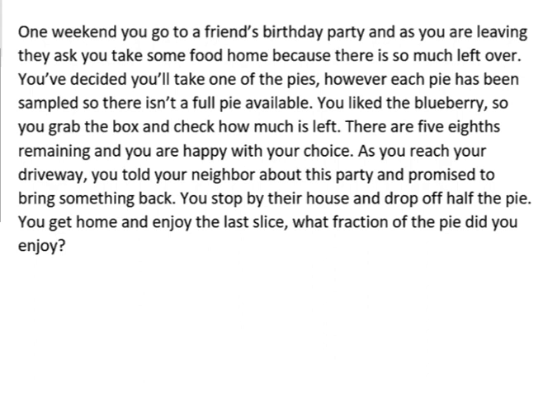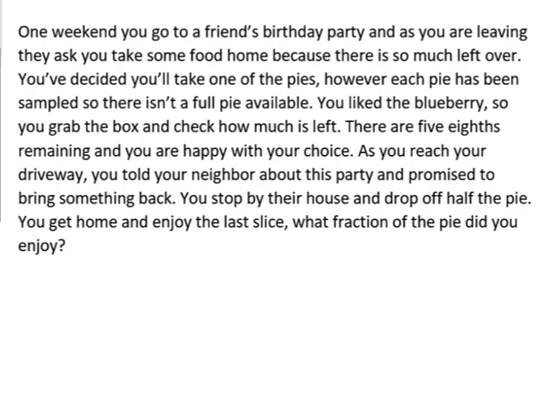All right, so one weekend you go to a friend's birthday party, and as you are leaving, they ask you to take some food home because there was so much food left over. You've decided you'll take one of the pies. However, each pie has been sampled, so there isn't a full pie available. You like the blueberry pie, so you grab the box and check how much is left.